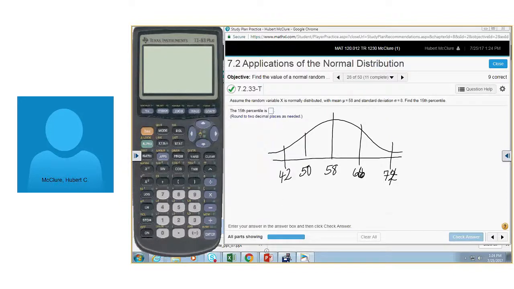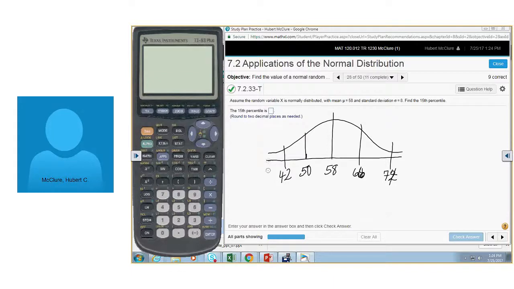All right. Now, it says the 15th percentile. We've got to go back to the empirical rule. The empirical rule says that this is 34, this is 13.5, and this is 2.5. What's 13.5 and 2.5? 16.